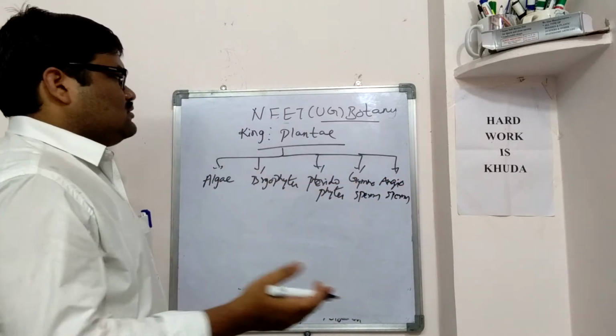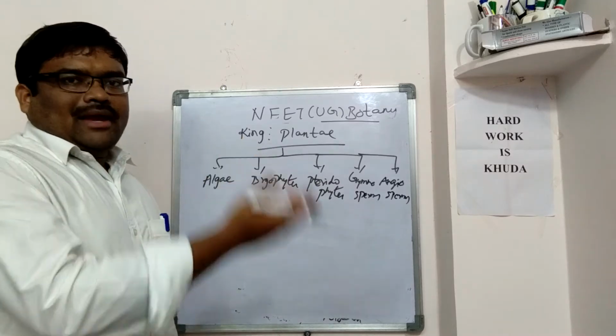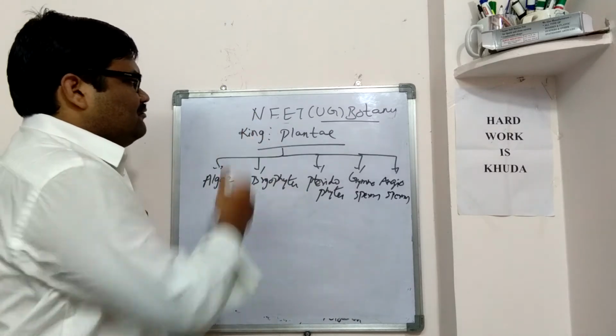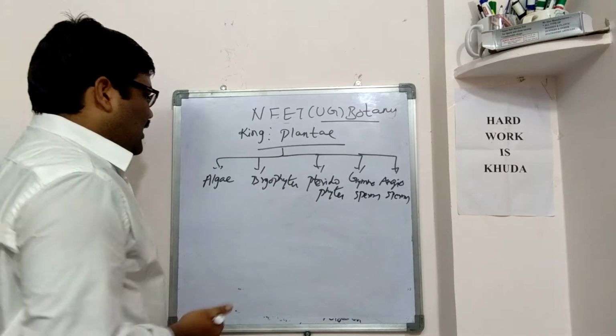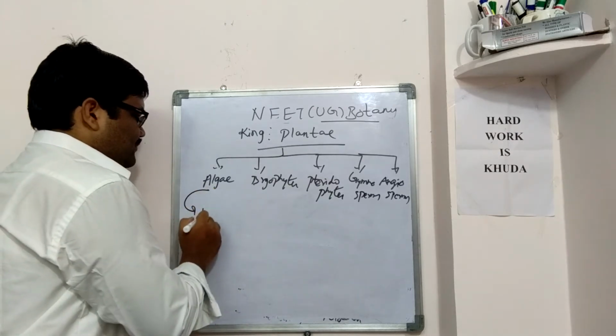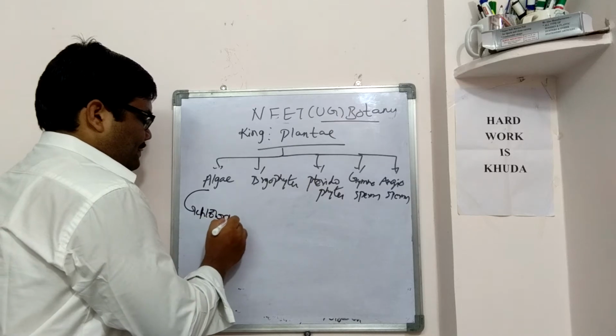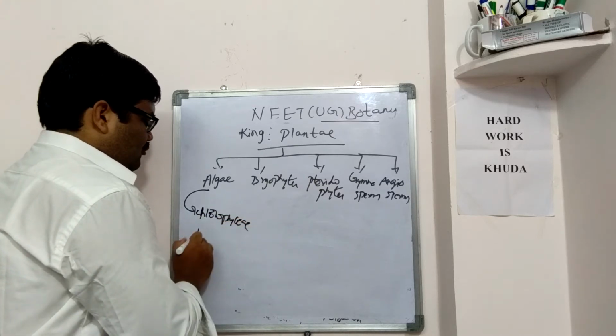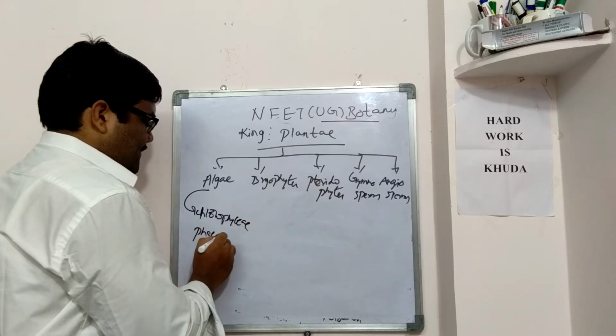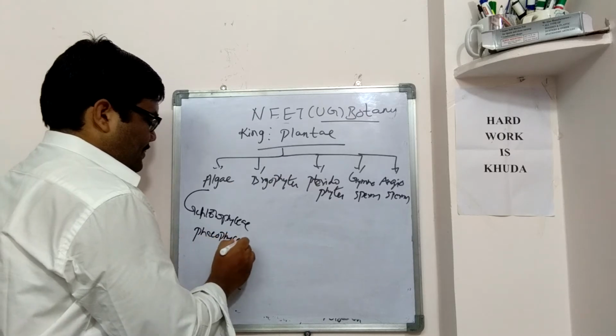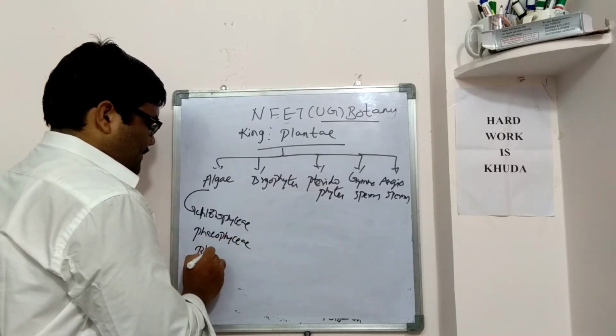Algae have different classes. In the last class, we discussed kingdom animal. With respect to kingdom plantae, algae have different classes like chlorophyceae, phaeophyceae, rhodophyceae.